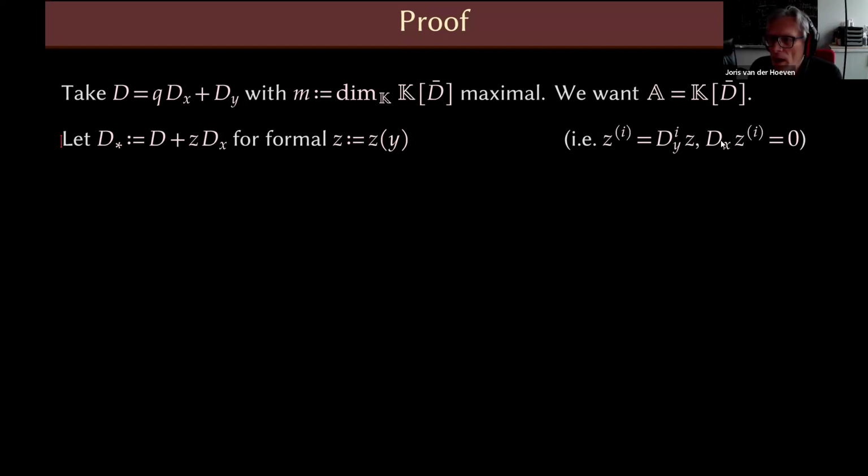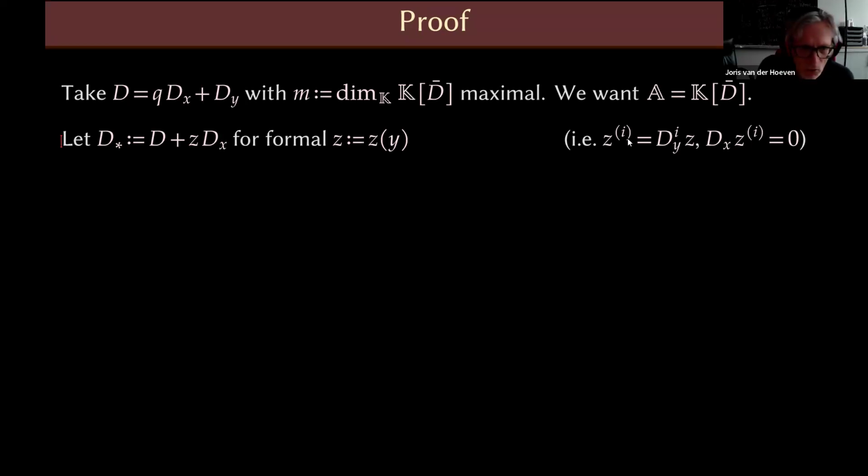So when I apply dx to it, it's always 0, but I can apply dy, and I can apply it i times, and they're all different because it's a differential indeterminate. So basically z, z prime, and so on are all algebraically independent here.